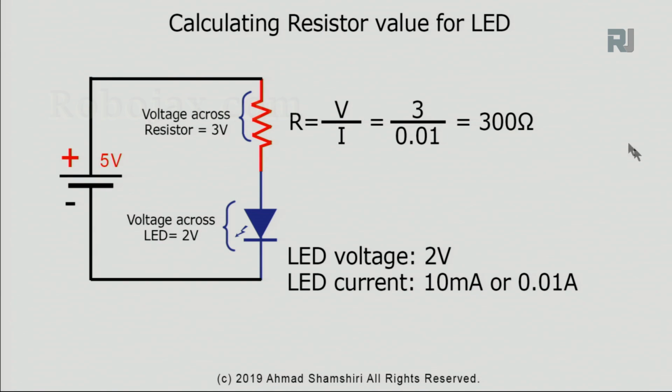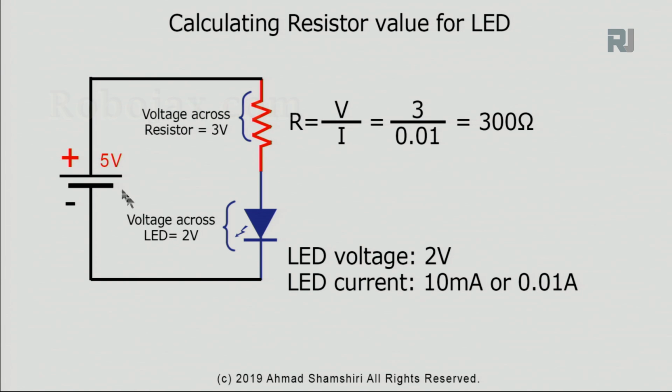Here is how you calculate the resistor. For example, if you connect 5 volts, in this case from an Arduino or a battery, to an LED, and let's say we found this information from the manufacturer, and by the way, these are the most common values: the voltage of the LED is 2 volts, and the current it needs to give enough light is 10 milliamperes or 0.01 ampere.